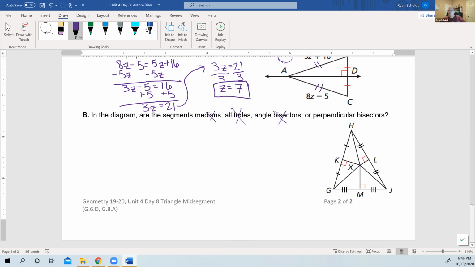All a perpendicular bisector does is it intersects in the middle on the edge of the triangle at a right angle. That's exactly what all of these do. So therefore, these are perpendicular bisectors.